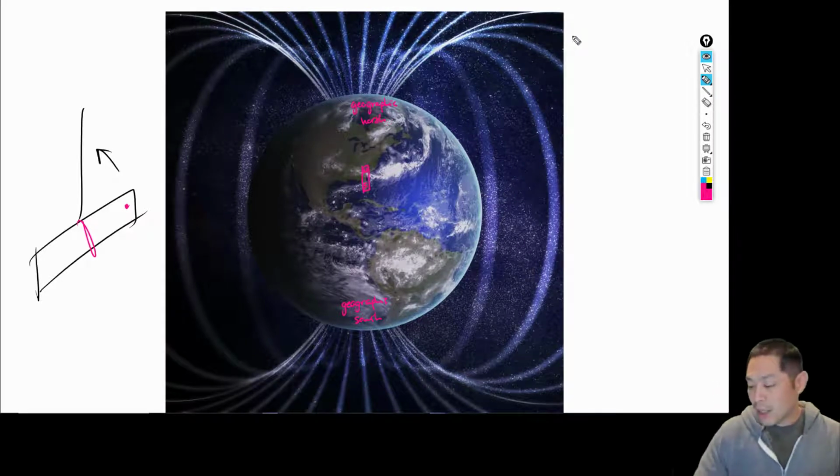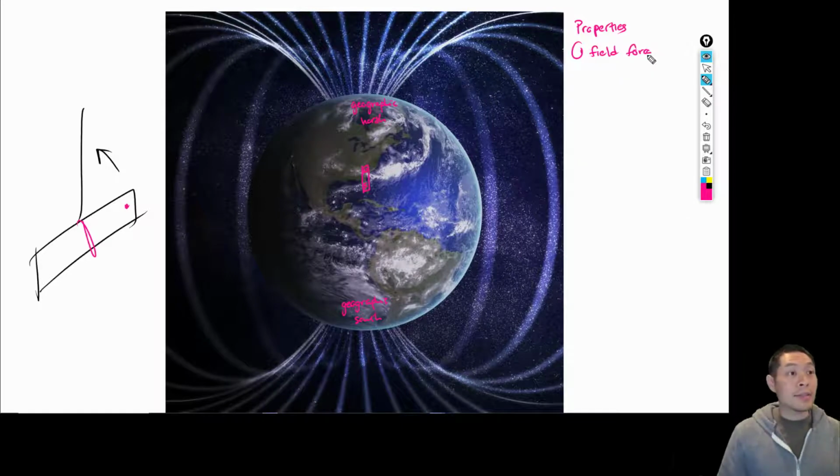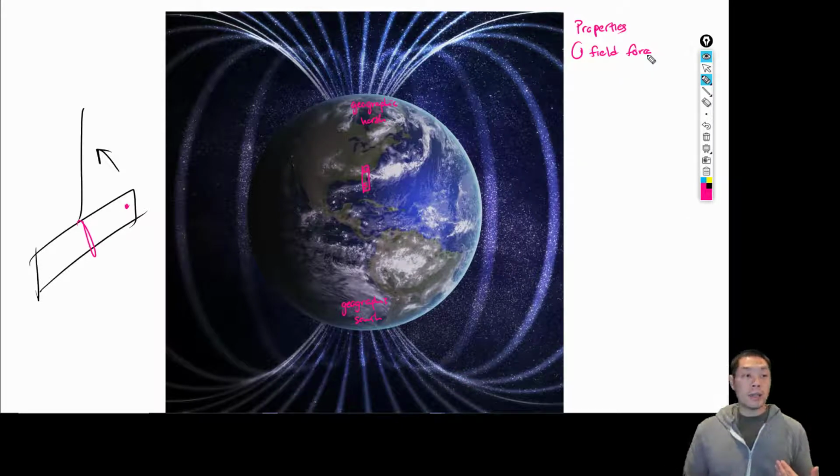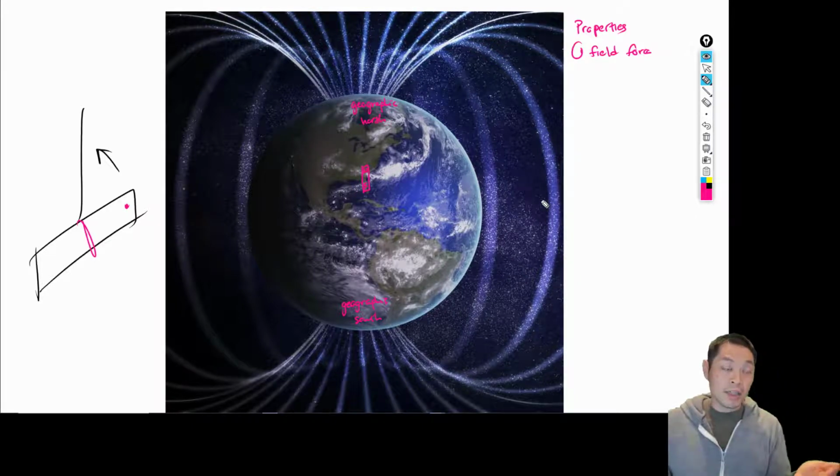Now, let's summarize the different properties. With the iron filings, we were able to see that it was a field force. And what do I mean by that? It's kind of like gravity. You don't have to physically touch something in order for it to have a force upon you. So it attracts iron before it physically touches it.